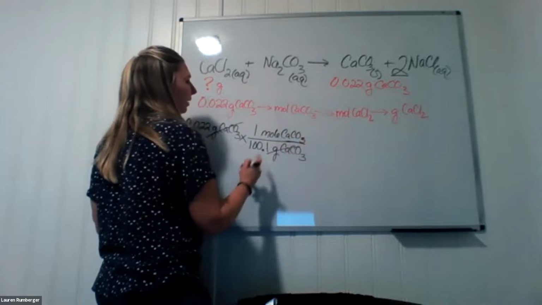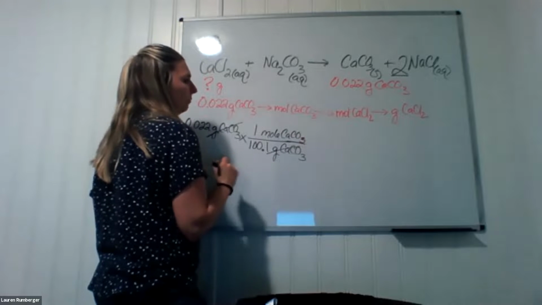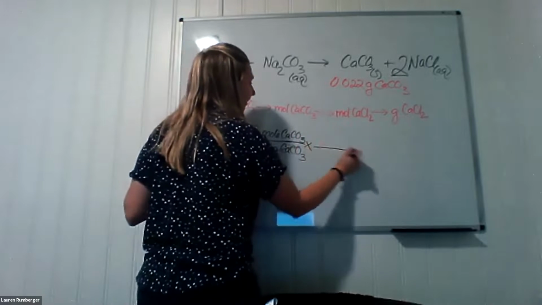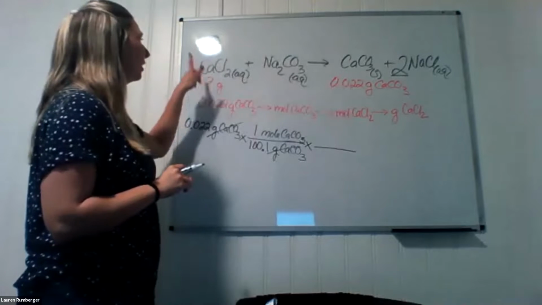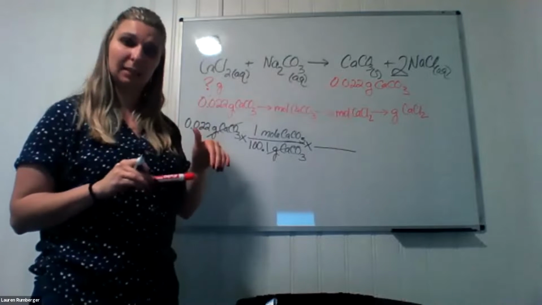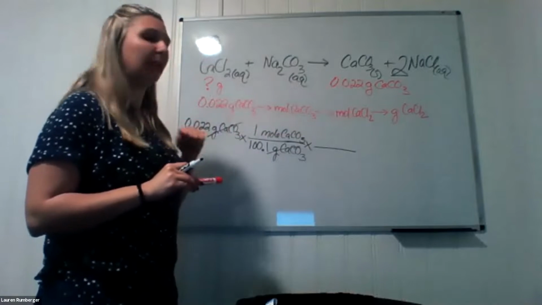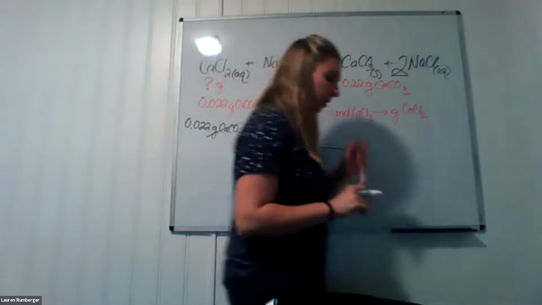Cancel out the units of grams. We now have moles of calcium carbonate. From moles of calcium carbonate, we need to find out how many moles of calcium chloride reacted to form the calcium carbonate.